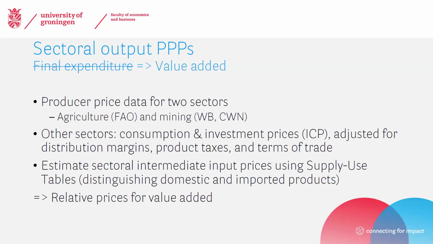So we have to make adjustments to get them to a producer price concept. That means adjusting for differences in distribution margins and producer product taxes, and to account for the fact that what you spend money on is partly imported products, and it omits products that are exported. So we also have to adjust for differences in import and export prices at the sectoral level.